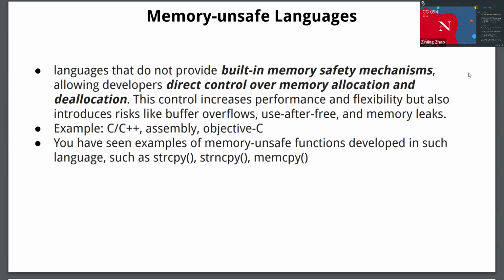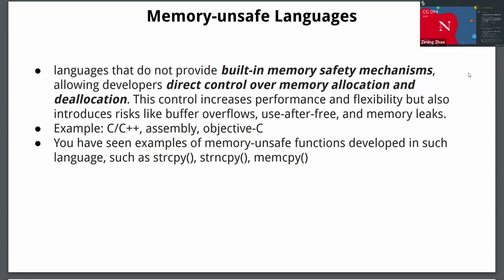Memory unsafe languages are those that do not provide built-in memory safe mechanisms. So developers can directly control memory allocation, deallocation, reference, dereference, different memory addresses. Usually the performance is very high. However, it's too much power in the hands of developers.